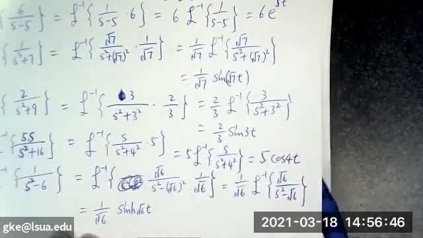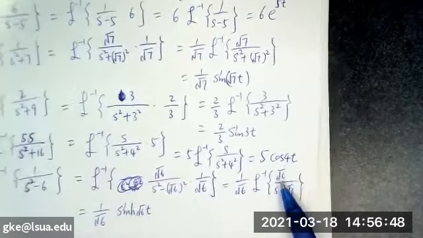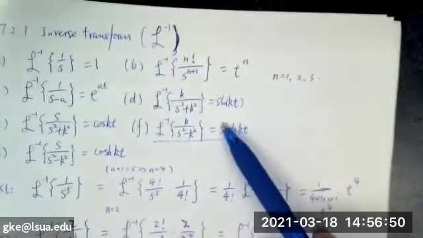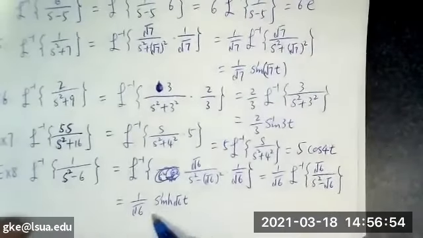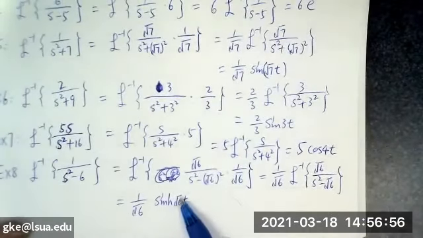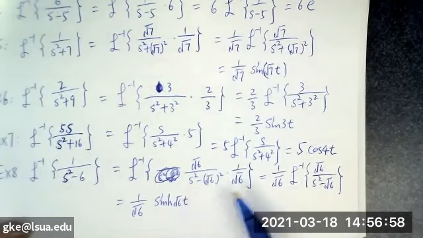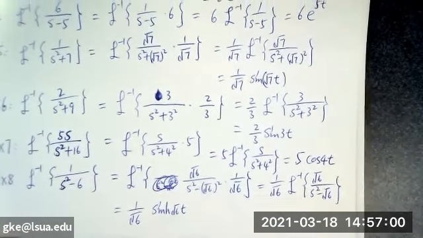Use formula f. You're gonna get sinh of square root of 6t. Okay. That's it.